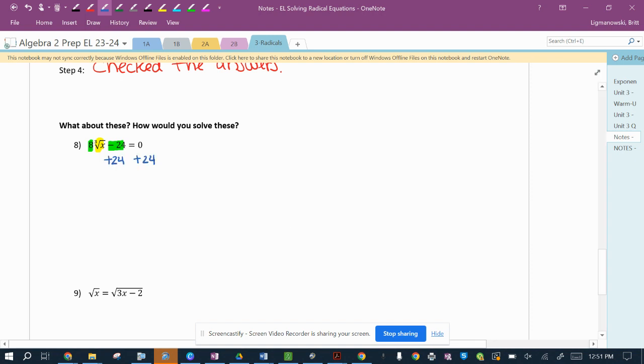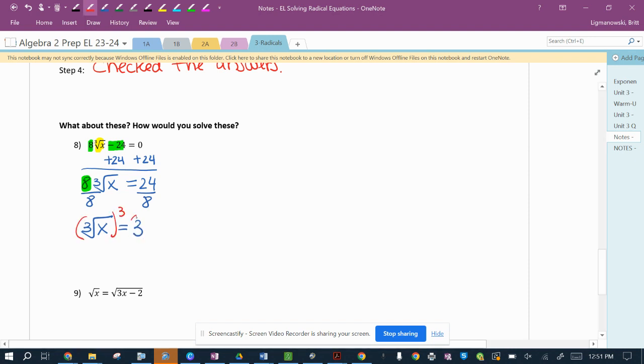So in this case, we're going to add 24 to both sides. And then again, I want to get rid of this 8 here. So I'm going to divide both sides by 8. And I'll end up with the raíz cúbica of x. So the cube root of x equals 3.